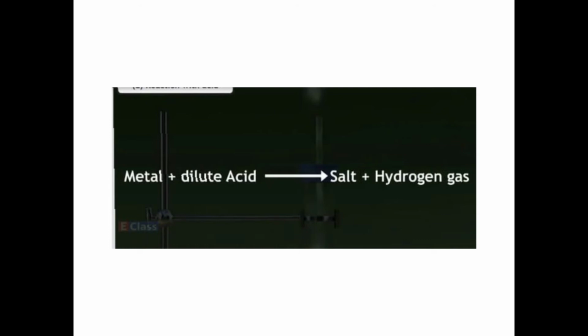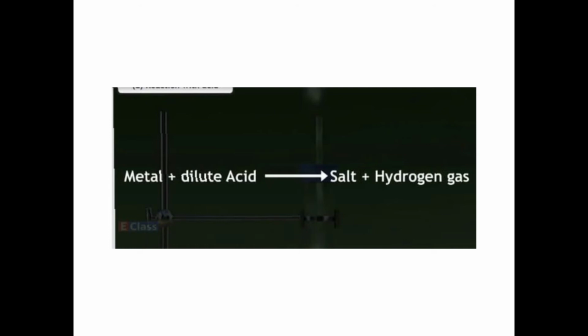Now let us understand about the chemical properties of non-metals. Now children, non-metals have 4 to 7 electrons in their last shell, that is the valence shell.